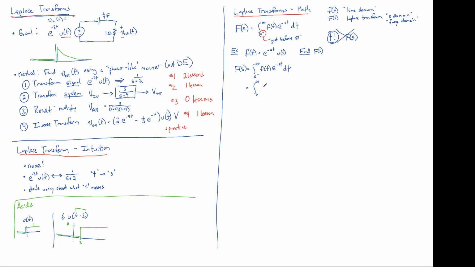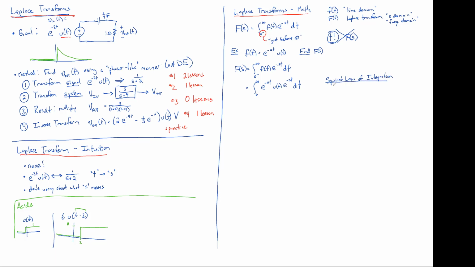So we'll plug it in and get the integral of e to the minus at u of t, e to the minus st dt. All right, so that's already looking pretty nasty. Now I'm going to tell you Squire's law, because I'm just that narcissistic, of integration.